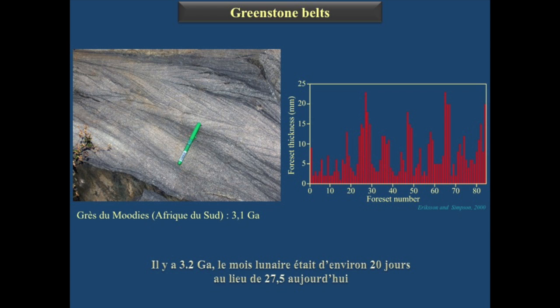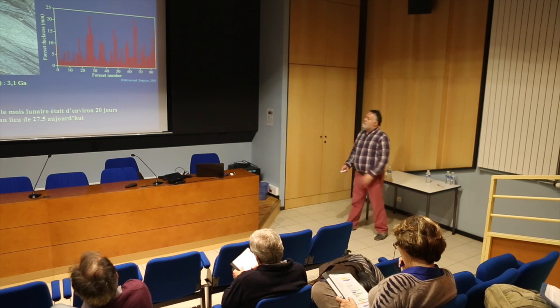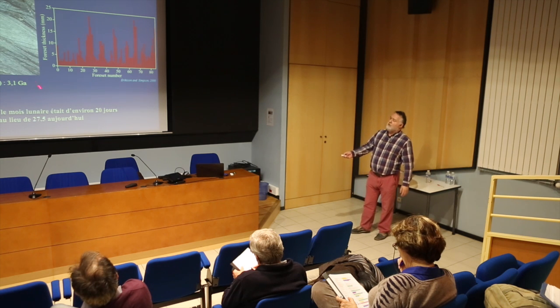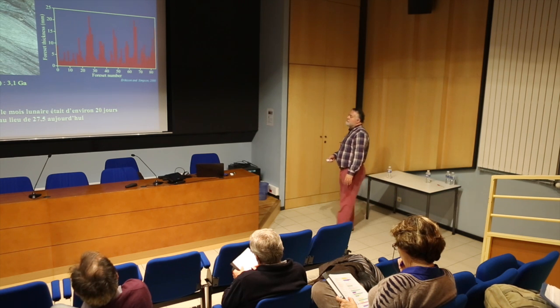And as the moon was closer to the Earth, some people predict tides of 100 meters, sea tide, not continental tide, which is something very important. So I just speak about this to say that the preservation of these sediments is exceptional when we think that these sediments are 3.1 billion years old.